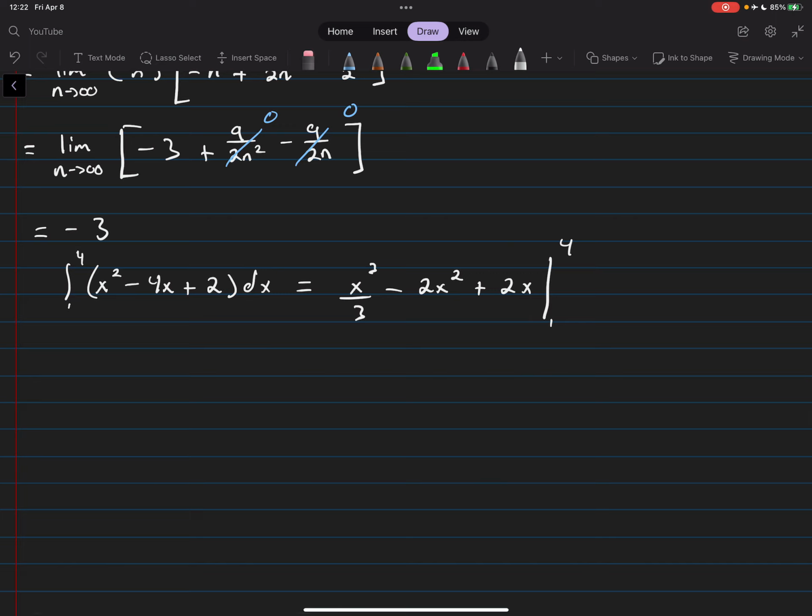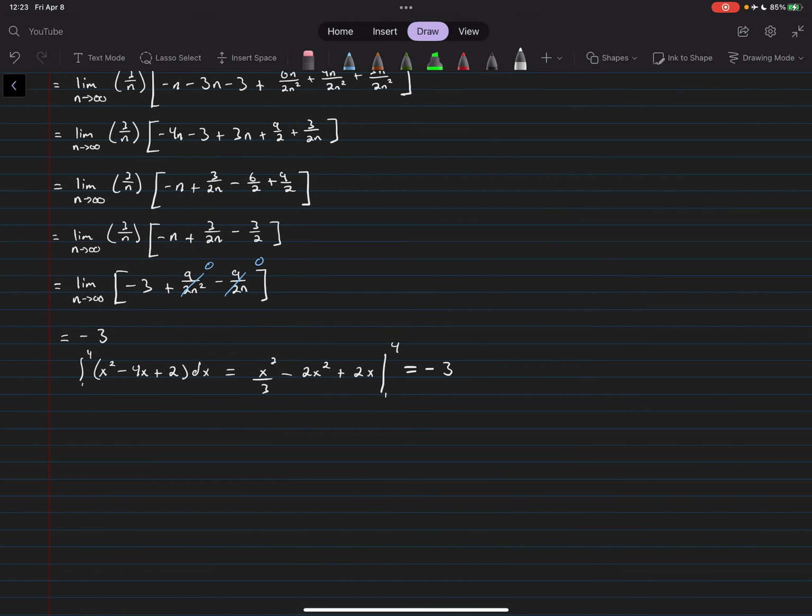So this 2x squared right here, that's because you end up with a negative 4x squared over 2. And then you get the cancellation, right? So when you evaluate this, you end up with a negative 3, which we're not going to worry about because this video is about the limit definition.